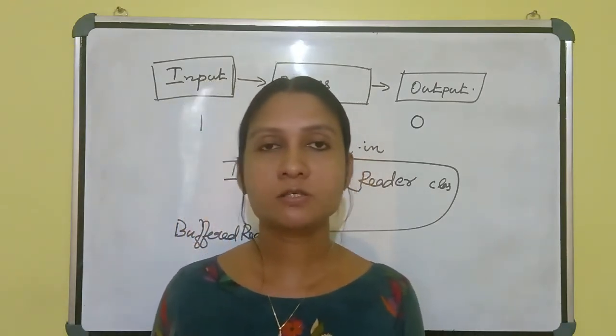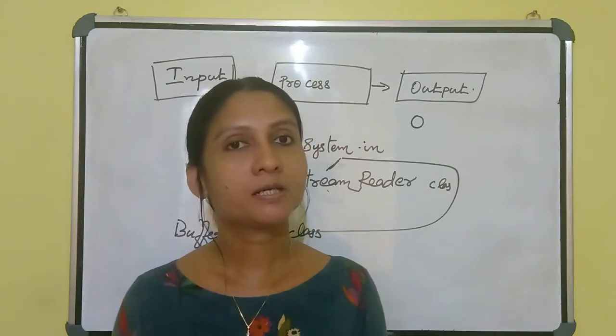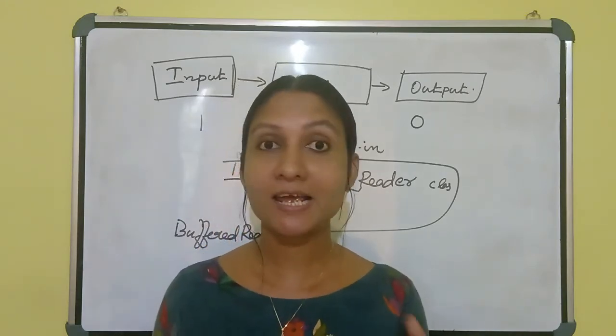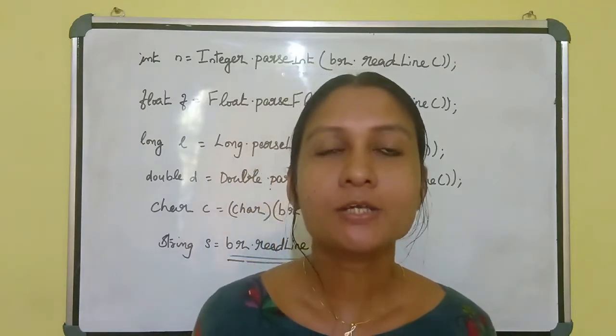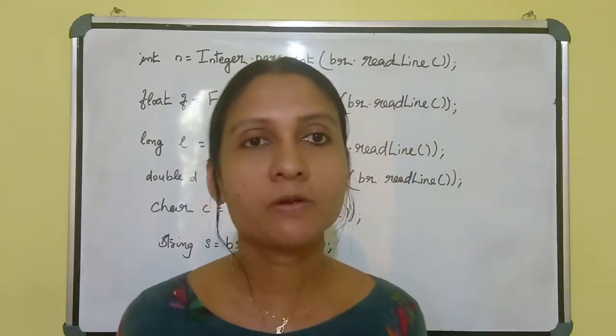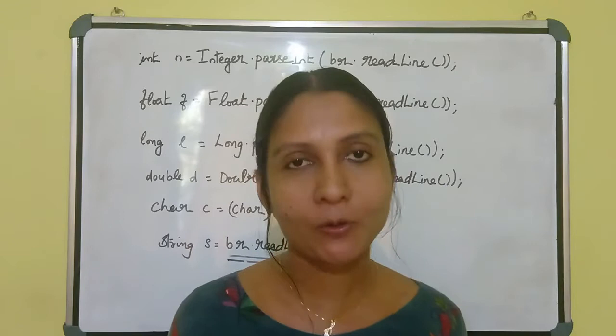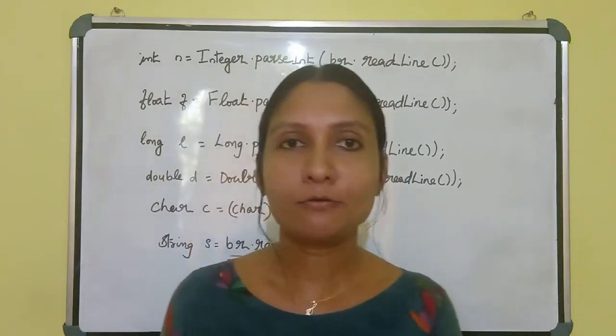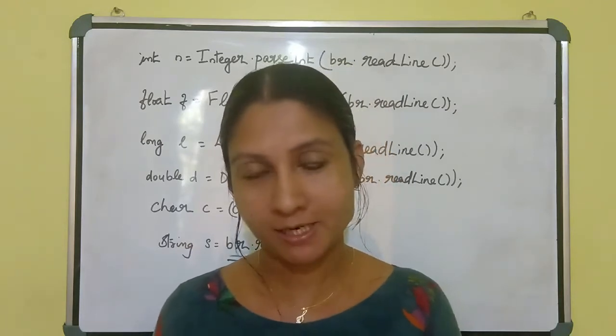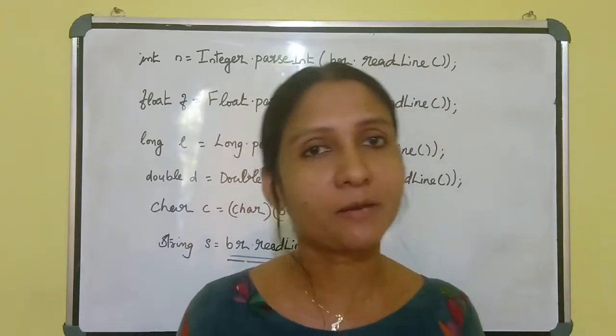What are the different functions to convert each data? I will introduce those functions. For a character variable we use the char data type, and to enter a sentence type variable we use the string data type. We know that when we read a value from the user using the input stream reader class, it is considered string type data only.